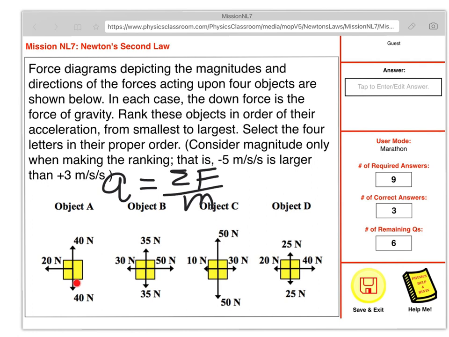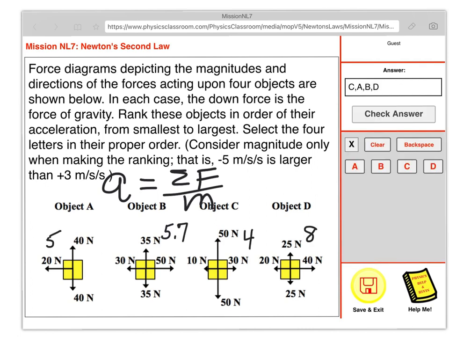So this would have a mass of 4 kilograms. I'm just using 10. 3.5 kilograms, 2.5 kilograms. So I think in this case you should do all 4 calculations. So just do them. I'll do them and then we can compare our numbers.